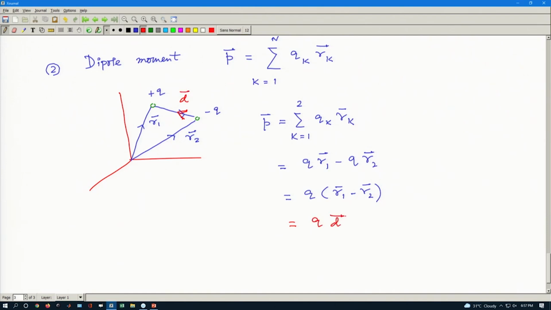That is the general definition we had, that the separation between two point charges having equal and opposite value, and the distance between these two is d, then we have this. So, from here you can see that even from this definition I can get this.